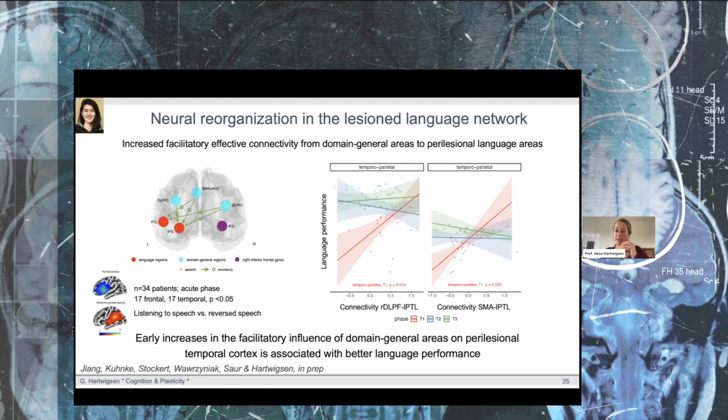And we are also currently investigating how this changes across the time course of stroke and how these changes are related with later better recovery. And the idea, or the first findings, is that these results are also relevant for language recovery. So increased connectivity between domain general and language specific areas is also related to better outcome, that is better language recovery.